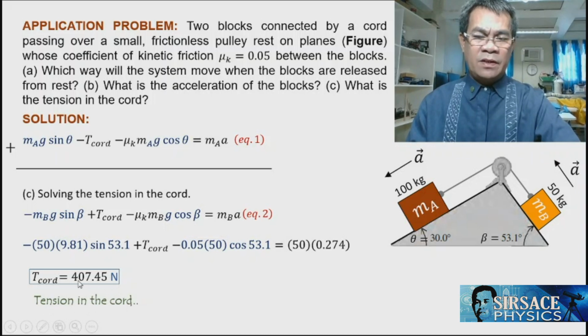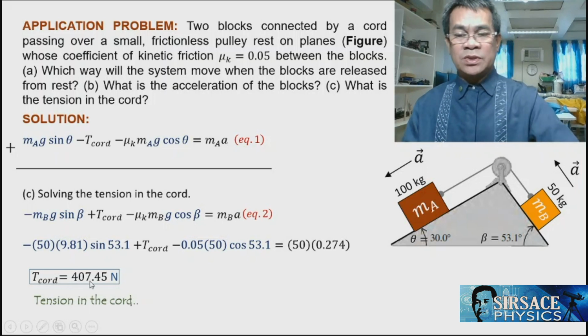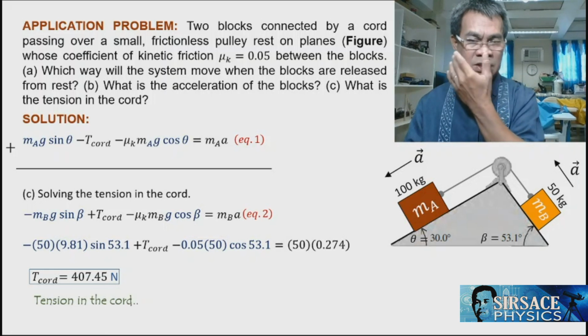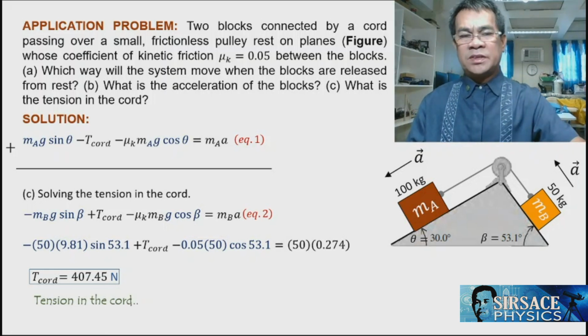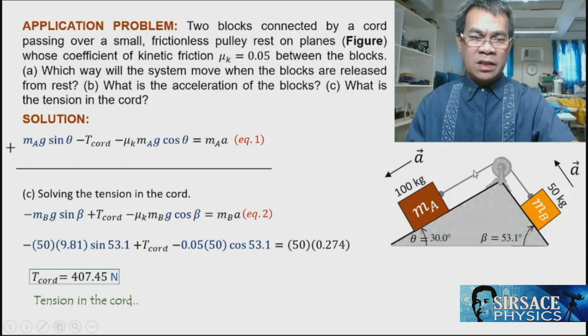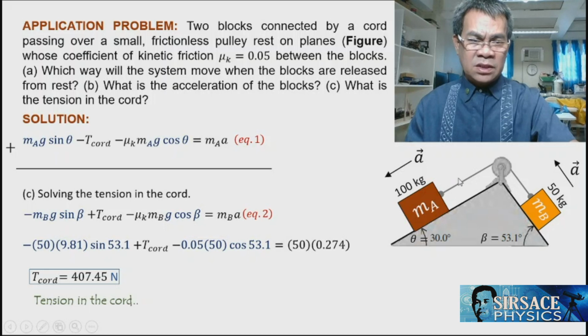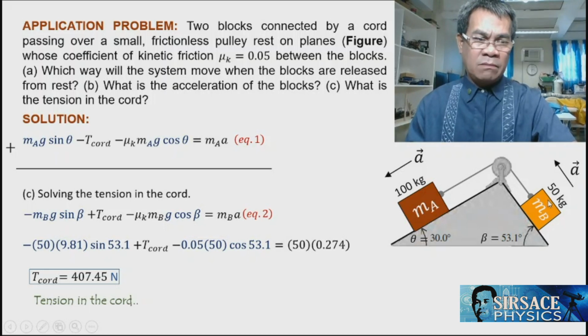So these are the answers. By the way, what if this is negative? If T cord is negative, then your answer is wrong. You have to double check your solution because tension must always provide a positive answer. The tension in the cord tends to move up the plane of block B, and block A will tend to move up also.